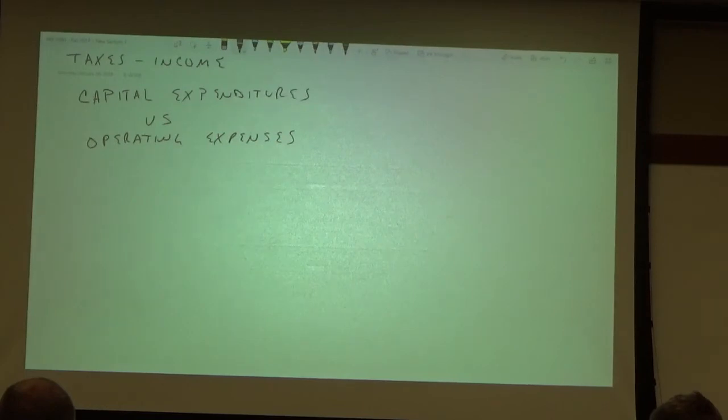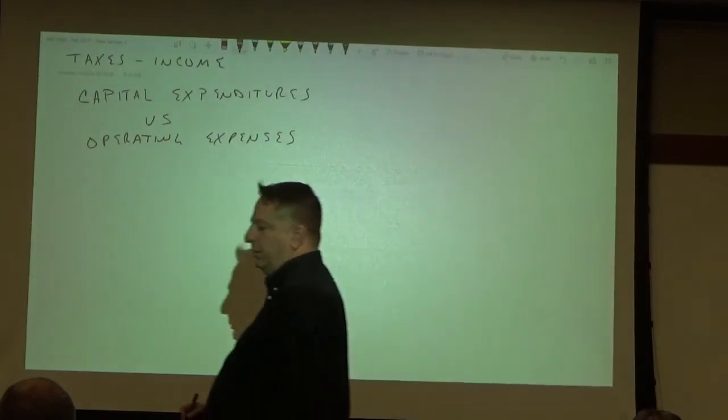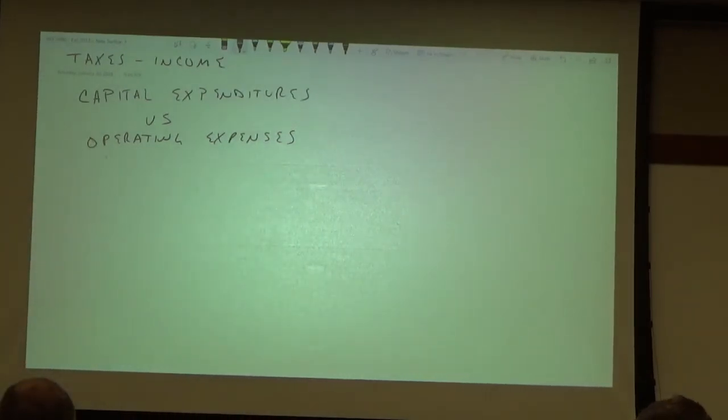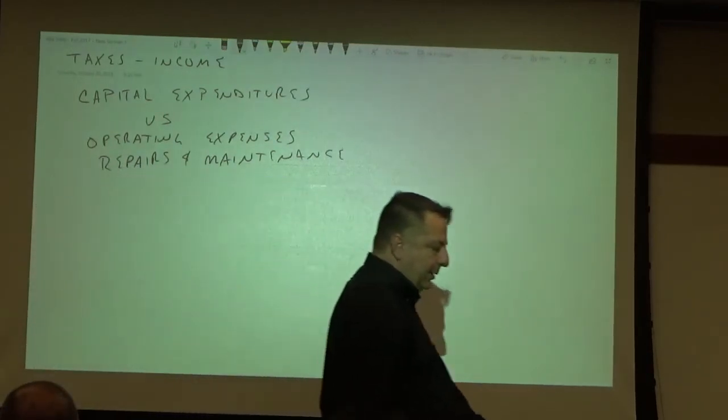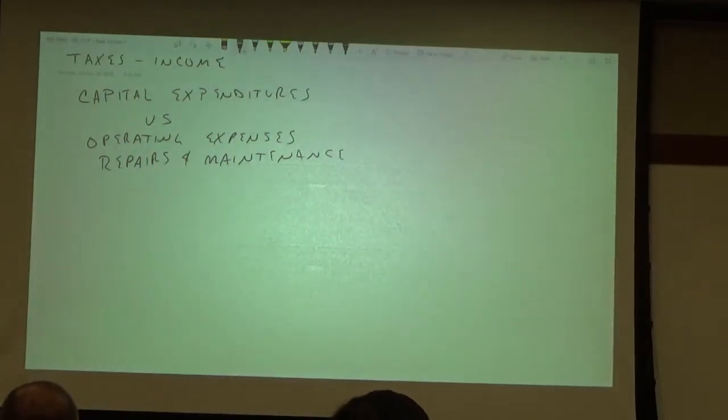Whereas an operating expense, or what I would also call repair and maintenance expenses. All right? Repairs and maintenance are things like, okay, we come into a property and we say, we need some touch-up paint.